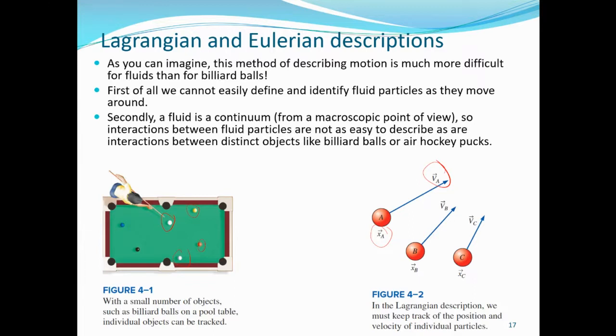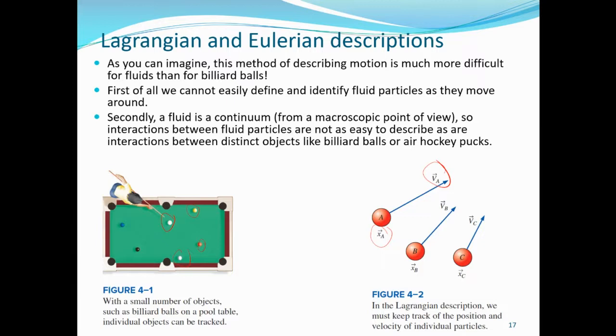Secondly, a fluid is a continuum from a macroscopic point of view. It is so much connected together that properties may not be isolated. The properties of one fluid particle are so much impacted by other fluid particles, so they do not work in isolation.